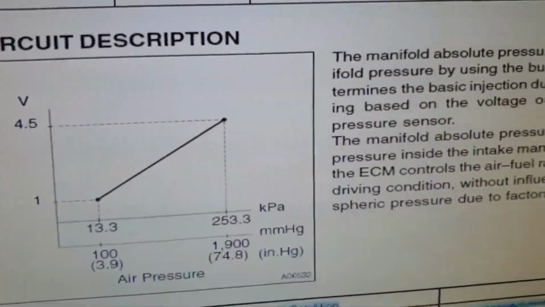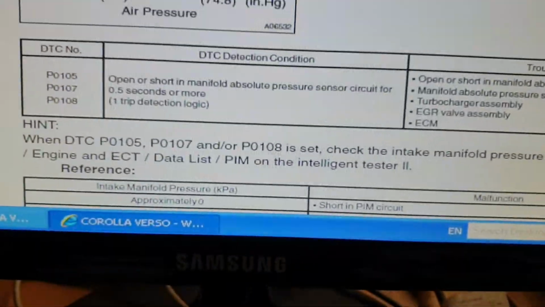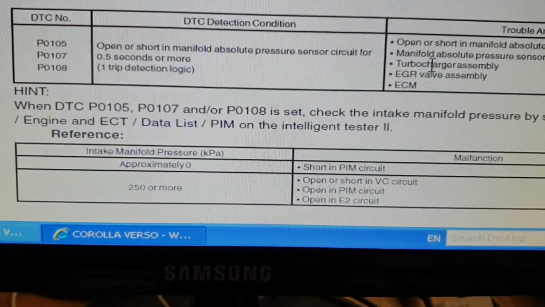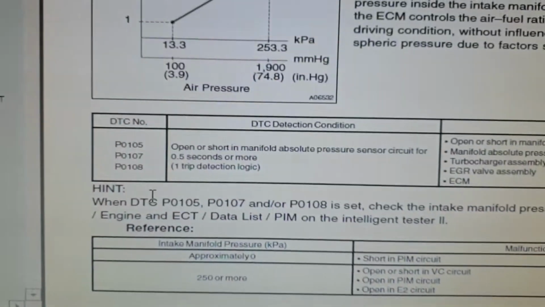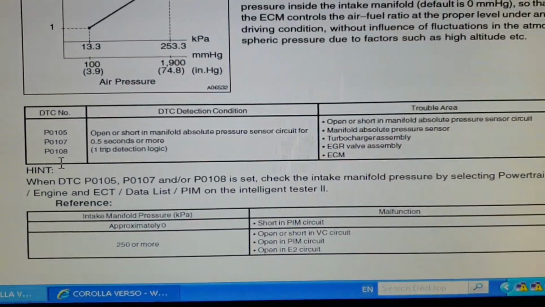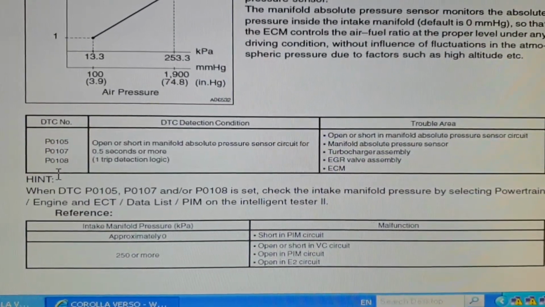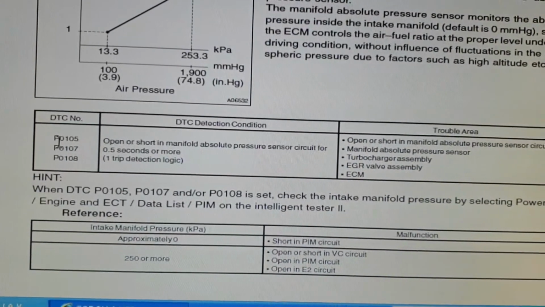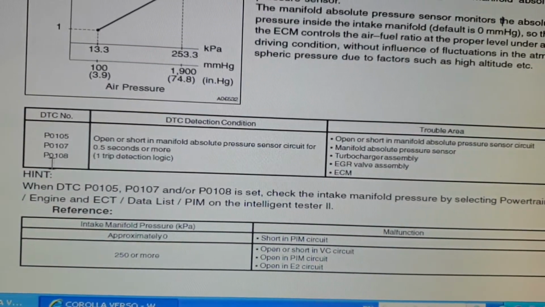So the troubleshooting steps are here. I have read that out to you. So are there any others? We don't have P0105 and P0108.